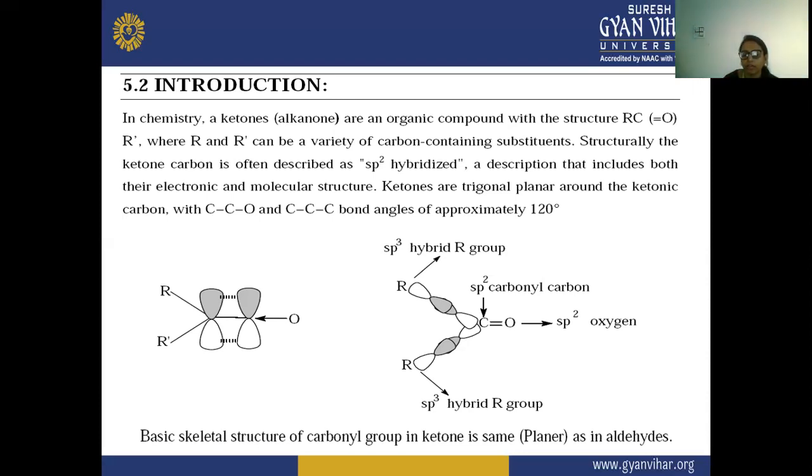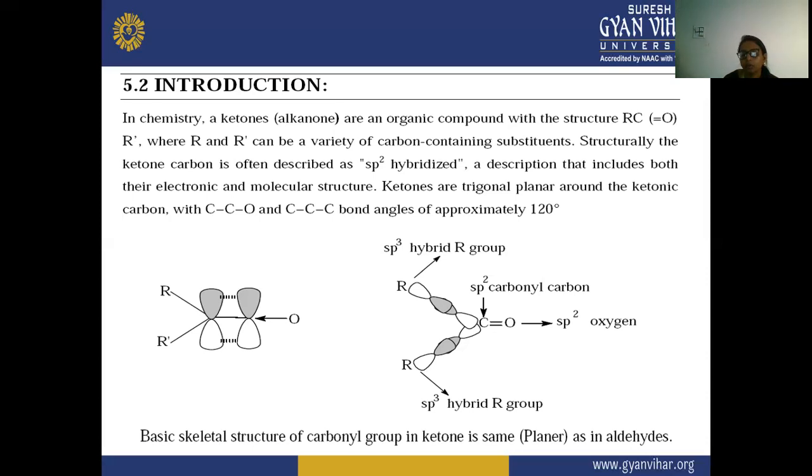Here the number of atoms attached to this carbon is 1, 2, and 3. That is why its hybridization is sp2. And the R carbon is attached to four atoms.